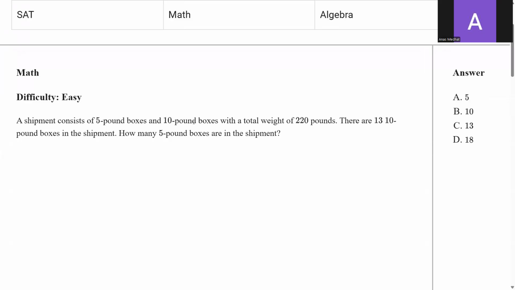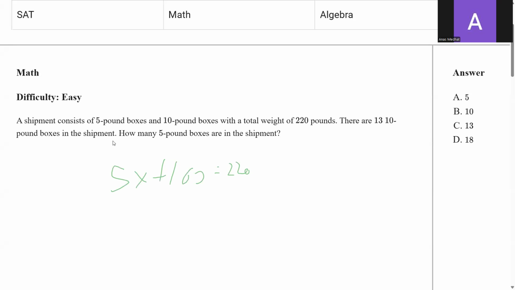How many 5-pound boxes are in the shipment? So the shipment consists of 5-pound boxes and 10-pound boxes: 5x plus 10y equals 220. There are 13 10-pound boxes.